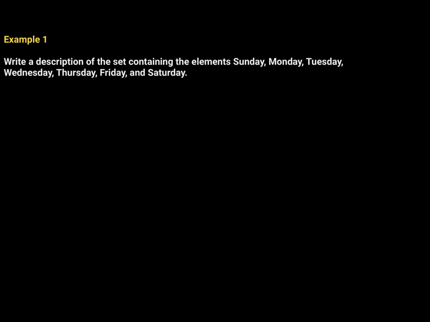Now, these elements obviously are the days of the week. So this set in description form would just be a statement describing what the elements are. So the set is the days of the week. I mean, it's that basic, all right? So you're just giving a description of what those elements are.